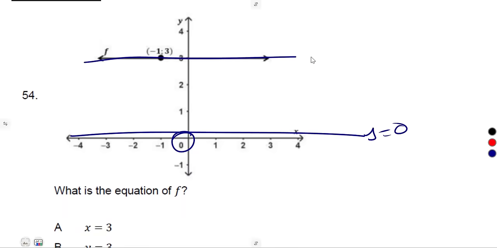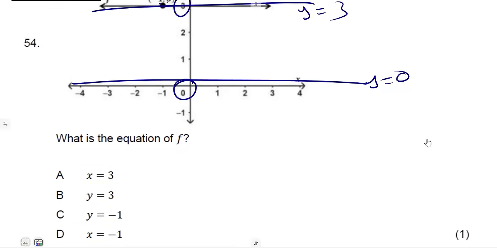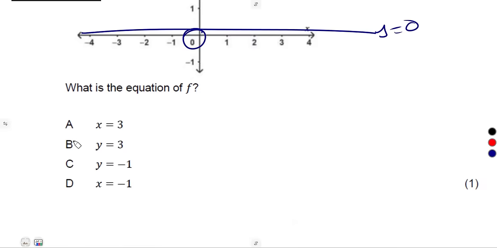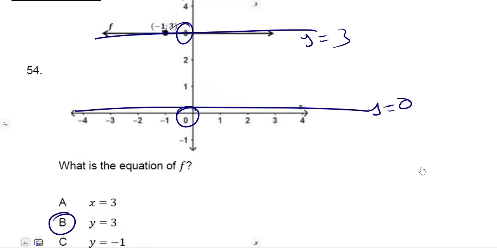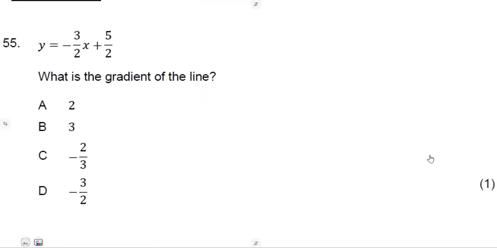So what about this one? What is the y value there? 3. Y is equal to 3. The y value is the same throughout. So those are the lines of y is equal to this, y is equal to this, y is equal to 3 on B. So the best answer was going to be on B, from what you're given.